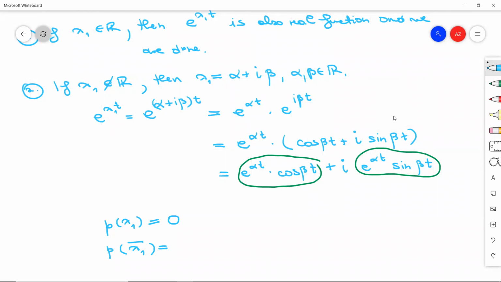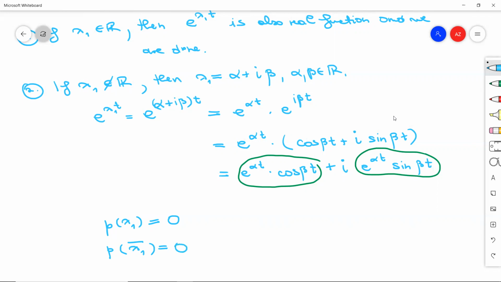What do you know about solutions of a polynomial equation if the coefficients are real? They are either real or they occur in conjugated pairs, yeah. So is this difficult to see? Yeah, it's 0. But why is this true?